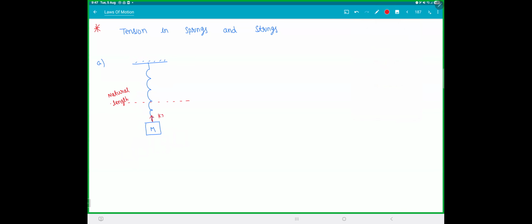This will be kx and this will be mg. This distance will be your elongation here, x will be mg by k. This is the scenario. Now what you did, you went and took one more block and you attached it here. So we have a hook here, you took this block and attached it here.